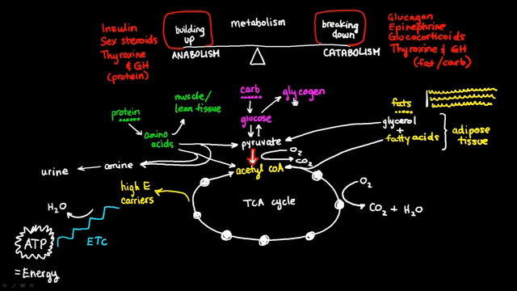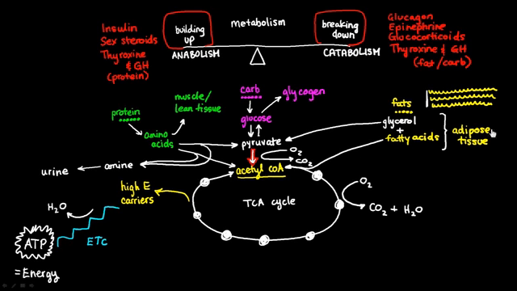And another important thing that we have to understand is that this cycle will only go around if ATP is needed by the body. So if we're using energy, we're doing exercise, we're demanding ATP and energy from our system, then this cycle will continue going around. But if we don't, let's say we're sedentary and we don't use energy, then acetyl-CoA is going to build up, and it's going to favor the return in this direction towards adipose tissue.